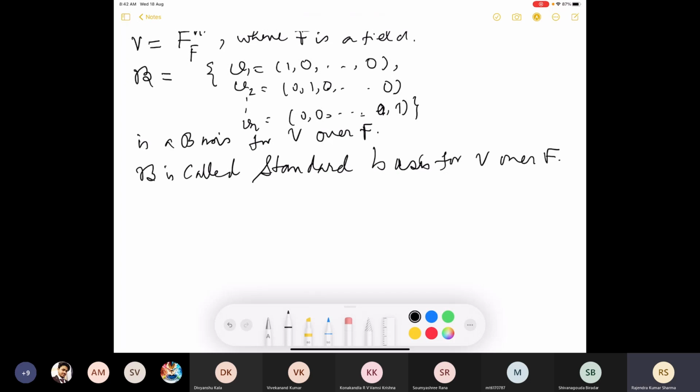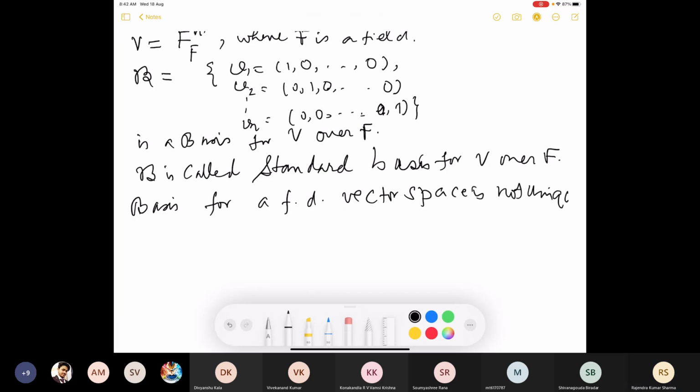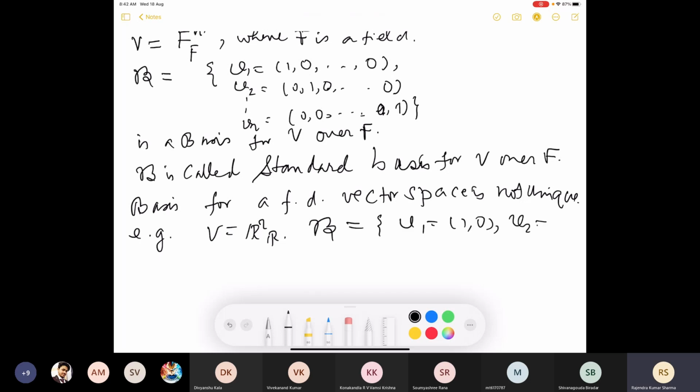A basis is not unique for a finite dimensional vector space. For example, when you take V as R2 over R, we had taken V1 as (1, 0) and V2 as (0, 1), the standard basis.